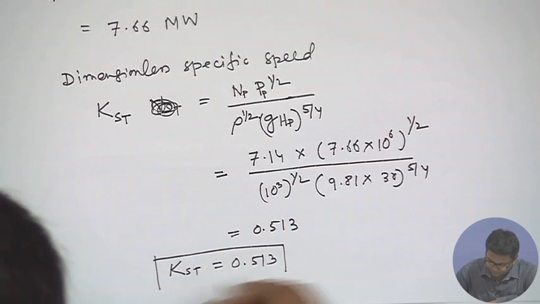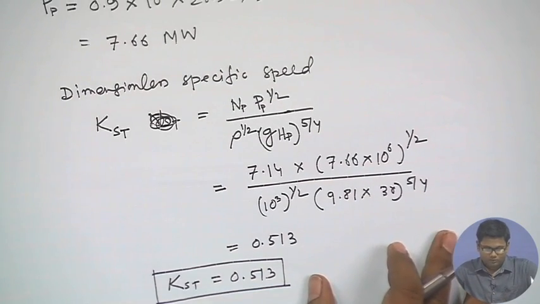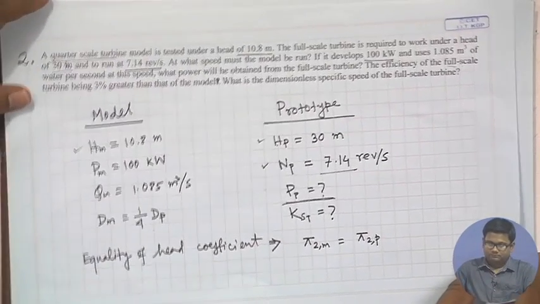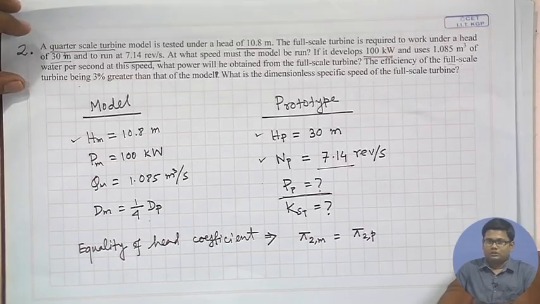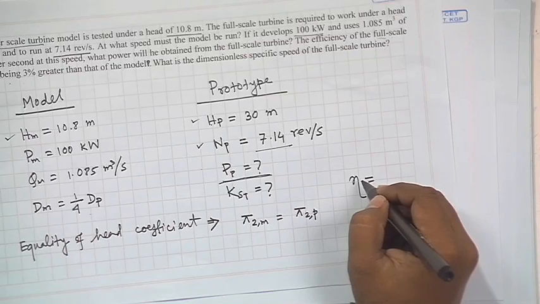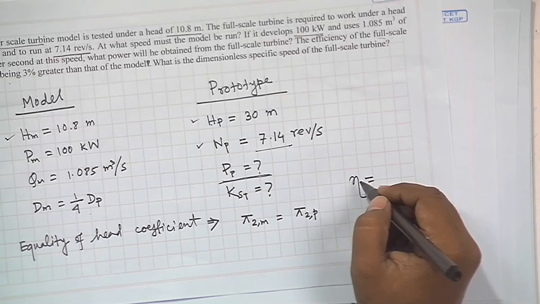So the dimensionless specific speed of the turbine will be 0.513. Now, an important fact to note here is that to determine the power of the prototype turbine, we are not using the equality of the power coefficient. This is because it has been mentioned that the efficiency of the prototype turbine is not the same as the model turbine. So we know that the hydraulic efficiency we can write in terms of pi terms.